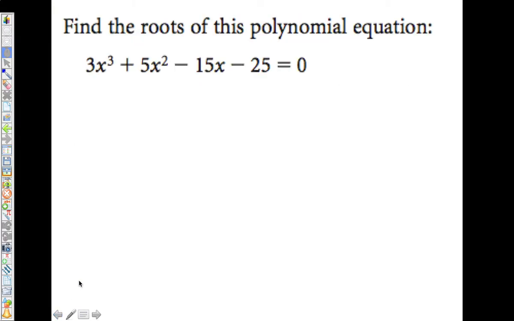Okay, so what if you're just given this equation with nothing, and it just says find all the roots? Well, if you're not given anything, then you should go immediately to your graphing calculator, graph it, and look for your x-intercepts. So that's what I would do.